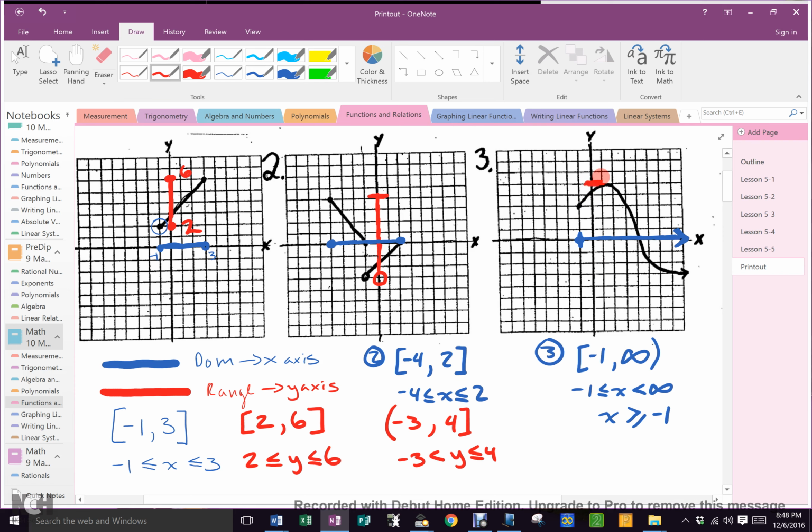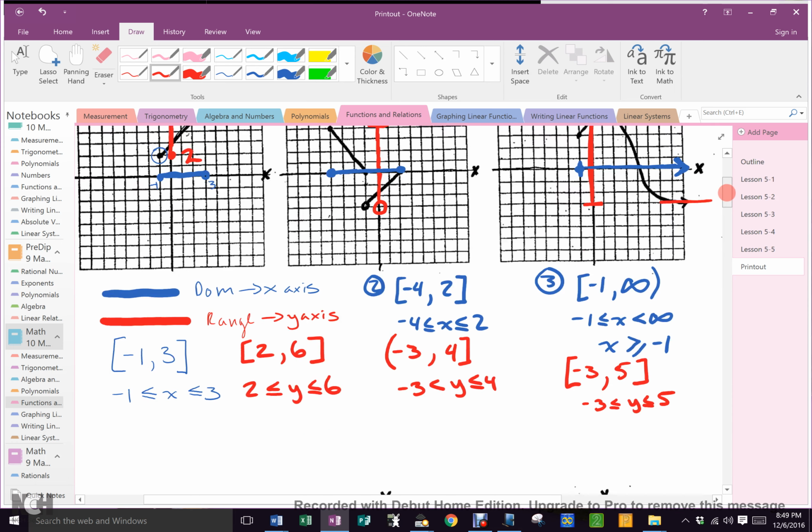It comes up to there, and this flattens out right there. So this range is only there. And you can see that that is negative 3, and it is included. But it tops out at 5, and 5 is included. So it's negative 3 less than or equal to y less than or equal to 5.